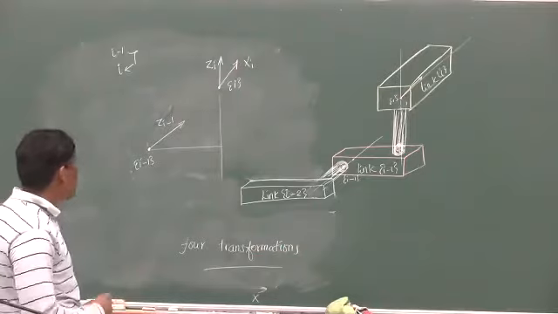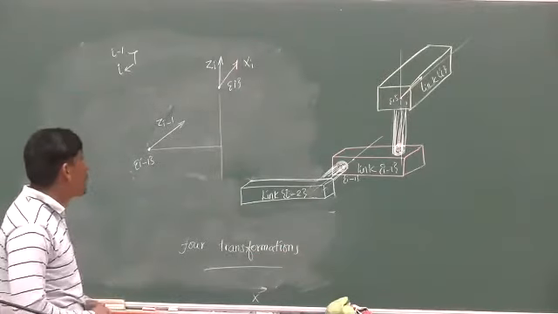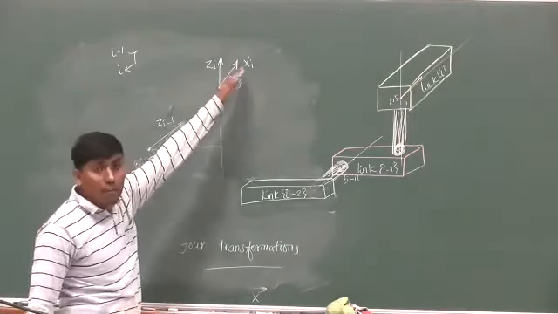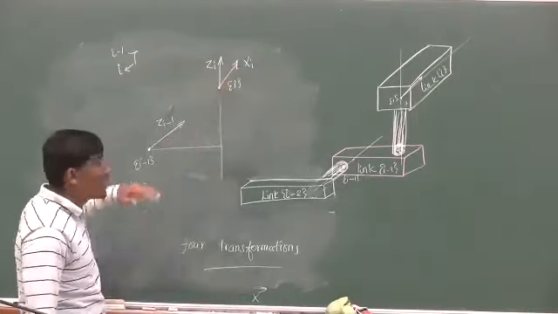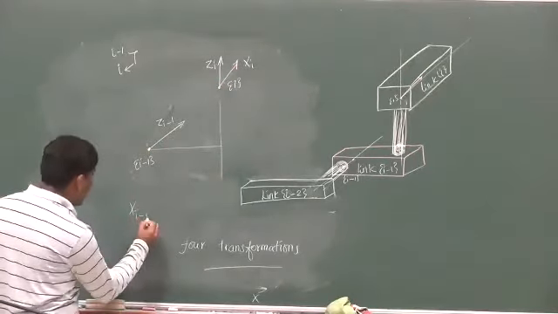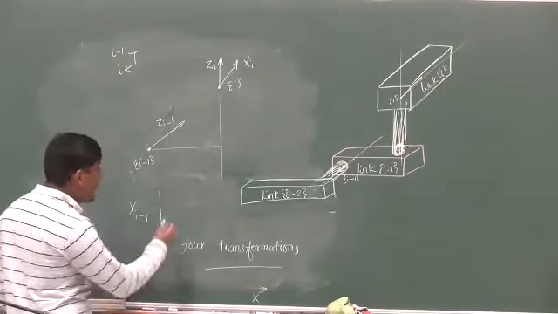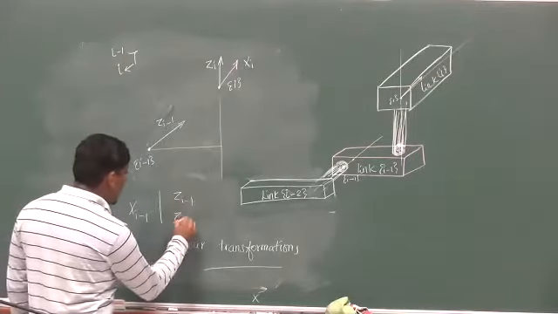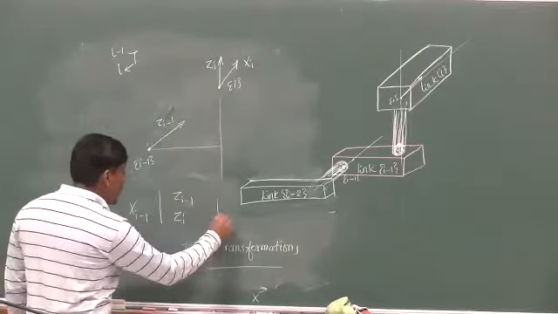Then what is the first thing we need to do? You see xi is given, but we don't know xi minus 1. For finding xi minus 1, we have to take a thumb rule. You take zi minus 1 and zi and take the perpendicular to this.